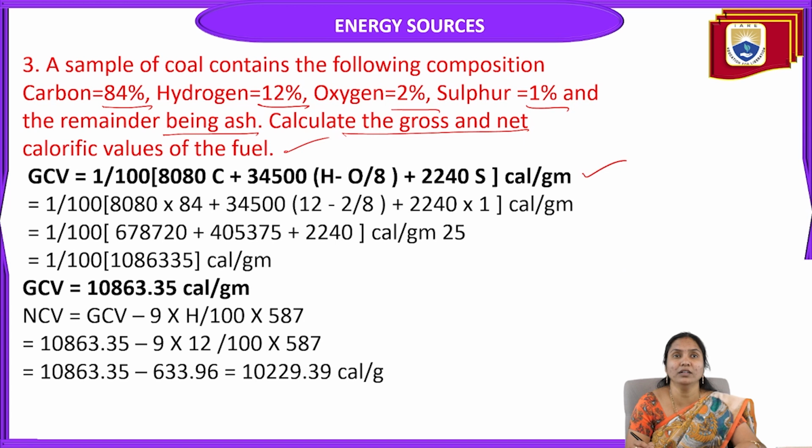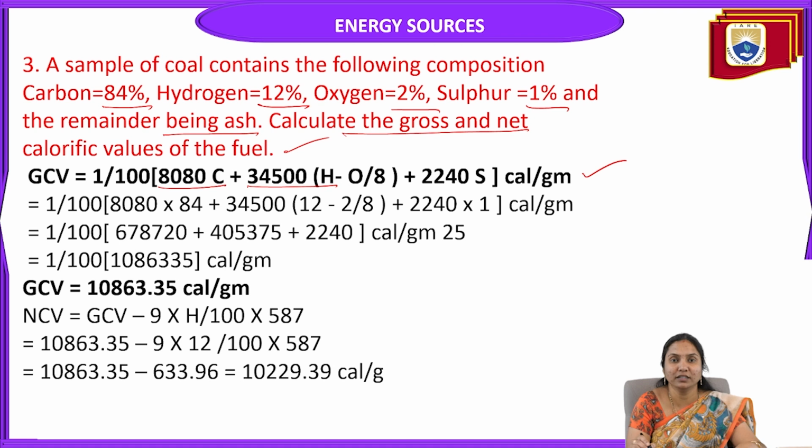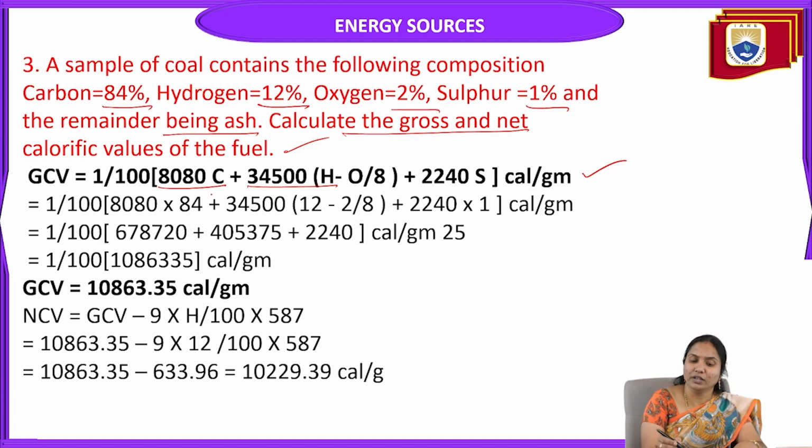What is the formula? GCV equals 1 by 100 into 8080 carbon plus 34,500 hydrogen minus O by 8 plus 2240 sulfur, calorie per gram. Here the carbon, hydrogen, oxygen, sulfur percentages are already given in the data.